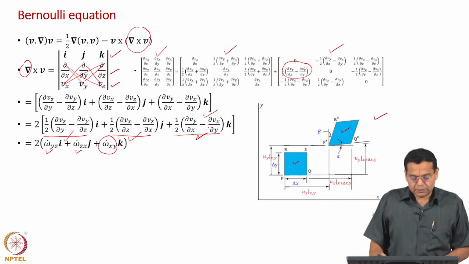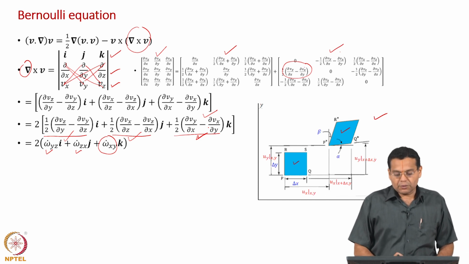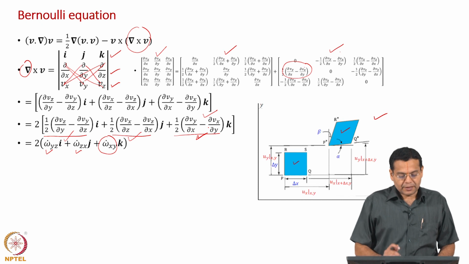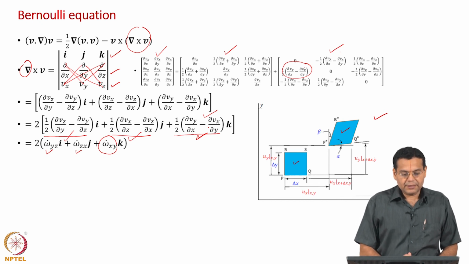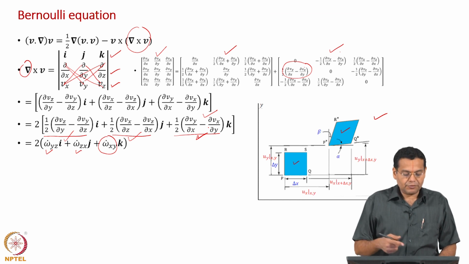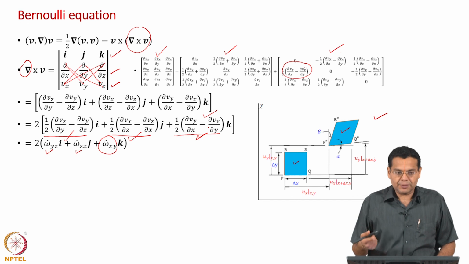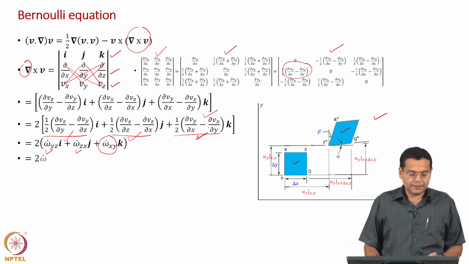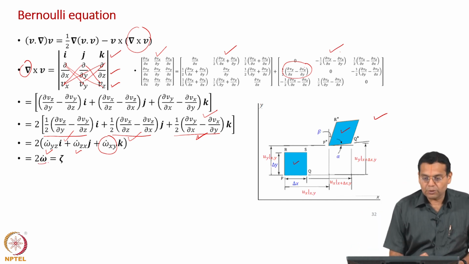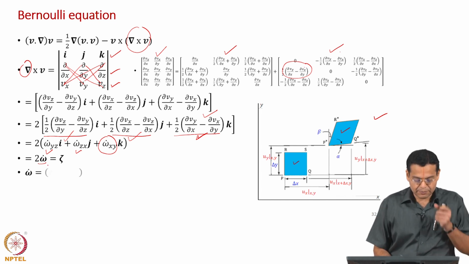Okay. So, now you have a vector. Now, how is the vector formed? The vector is formed with the components as the rate of rotation in the y z plane, z x plane and x y plane. Okay. Such a vector we use bold omega to represent, and then a dot. Okay. So, let us give names to them.